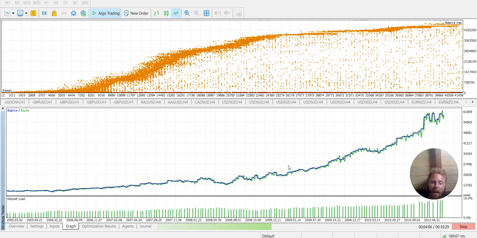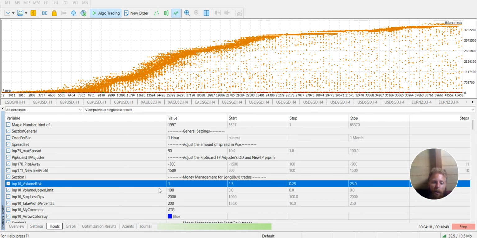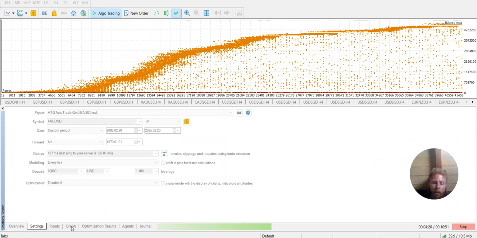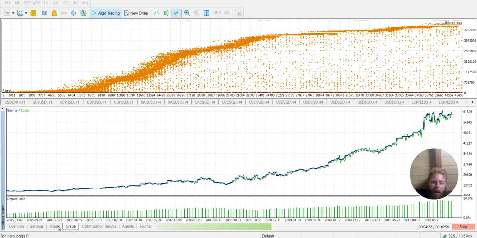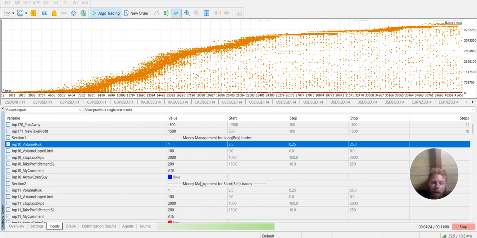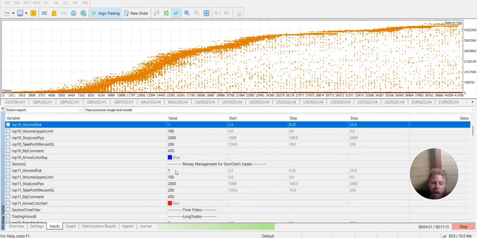I always like to publish my works because, you know, traders can work on it and can further improve it, which is good, which is how it should be. Yeah, I think we could have an even better risk to reward ratio if we would decrease the stop loss and increase the take profit.